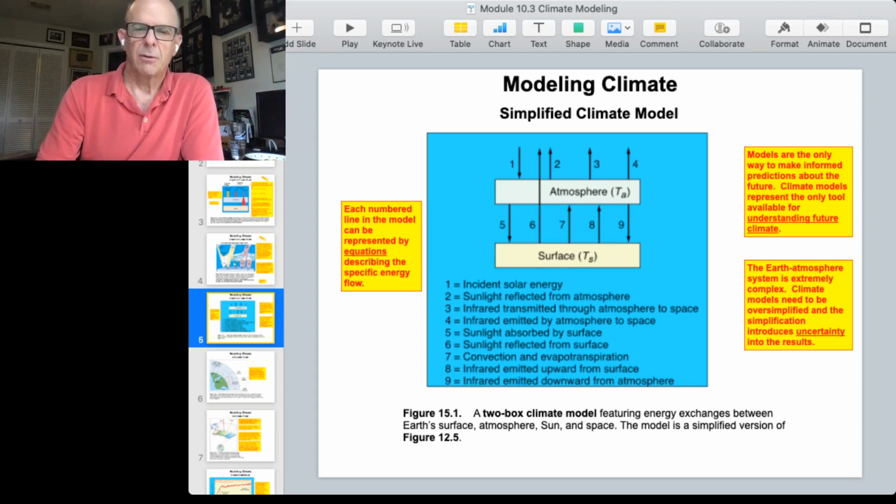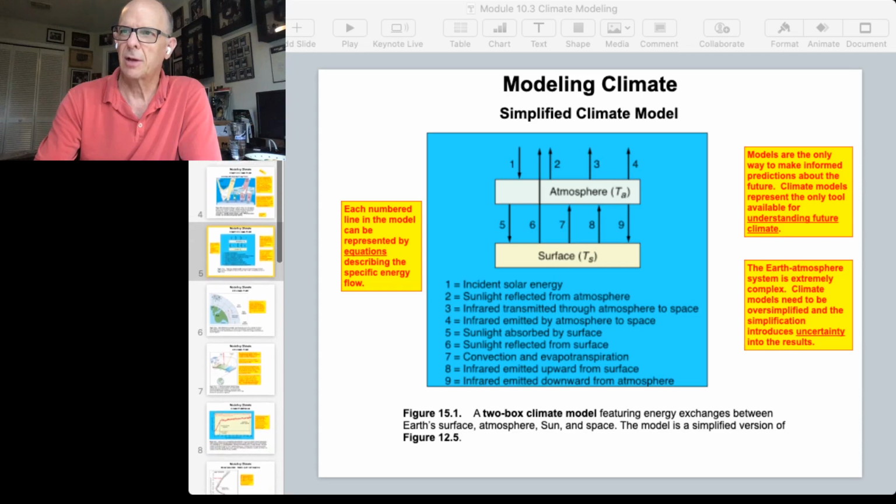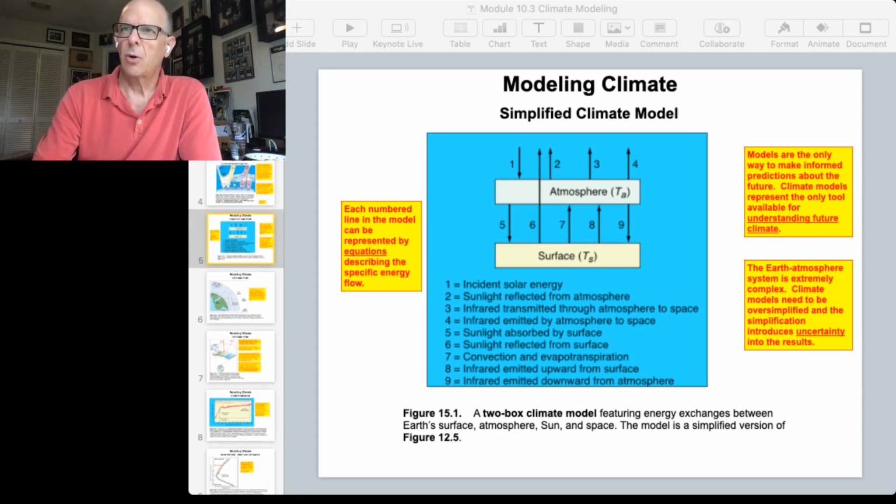Here's your two-layer simplified climate model, where each number represents some of those different physical processes that we saw on that previous slide. That previous slide had nice artwork going with it; here it's just looking at it schematically. And for each one of these numbered lines in the model, as it says on the slide here, we can calculate how much that energy flow is from physics, from equations.